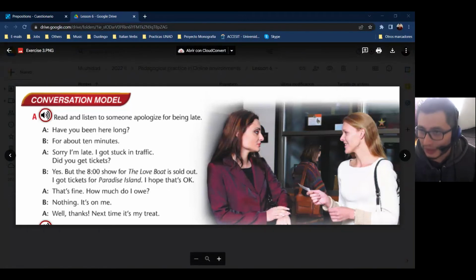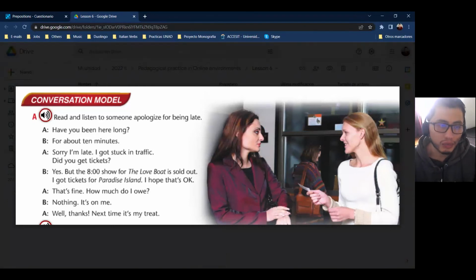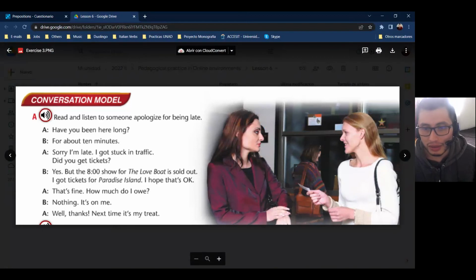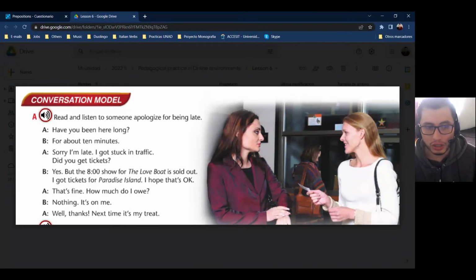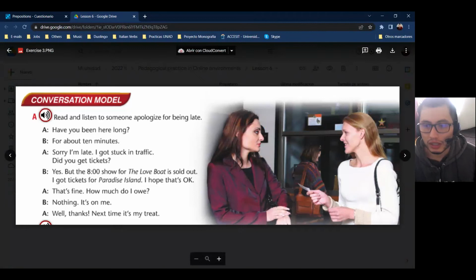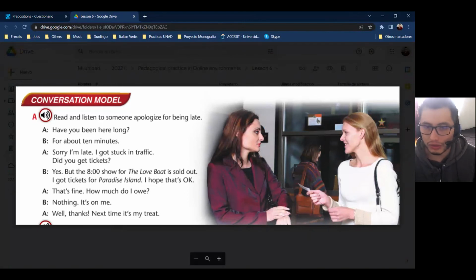Okay, guys, excellent. So this conversation is telling us a little bit about prepositions of time, you know? In this context, this girl was late because she got stuck in traffic. So this other girl didn't wait here and she decided to buy the tickets for another movie, and that was okay for this girl.